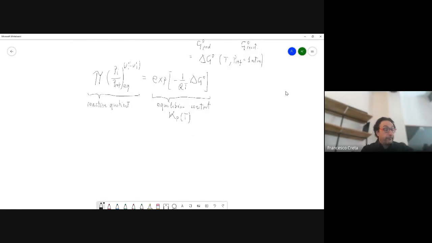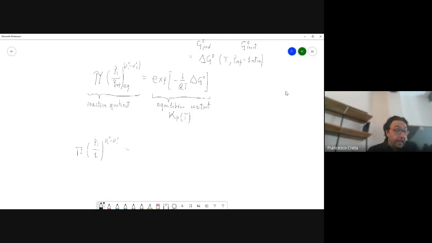Now, as I said, this is a reference quantity, so we may as well put a 1 here to signify that it's 1 atmosphere. So essentially the quotient here becomes this quantity here.